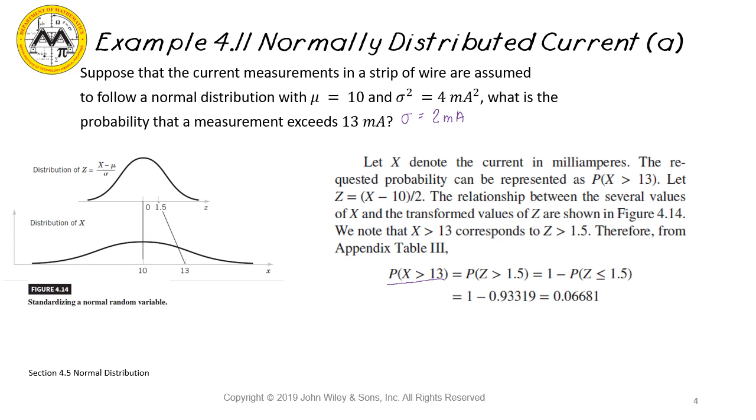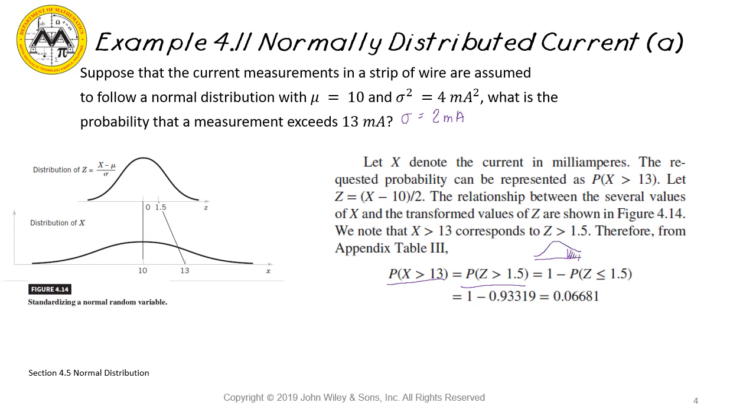So we convert 13 into a z-score of 13 minus 10 over 2, that would be 3 over 2 or 1.5. So we will now have P of z greater than 1.5. Since it is an area to the right, what we do is get the complement.